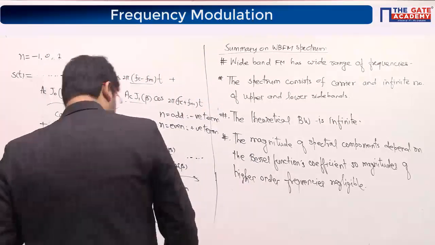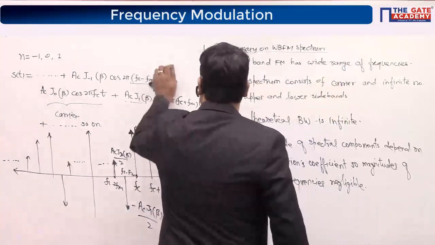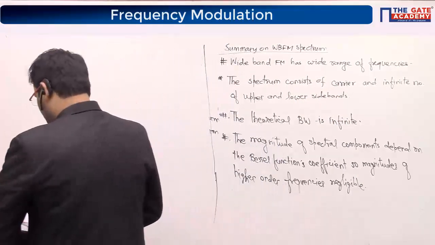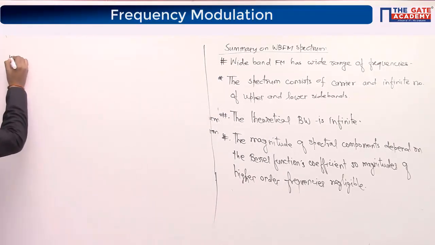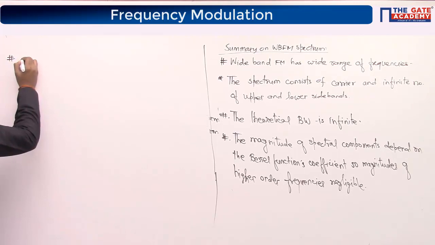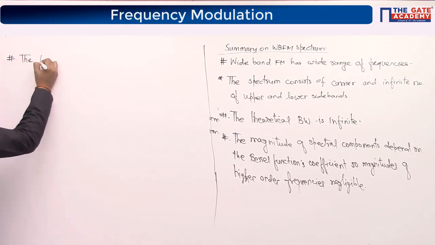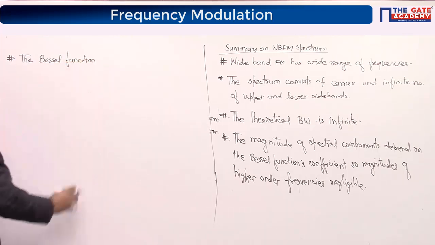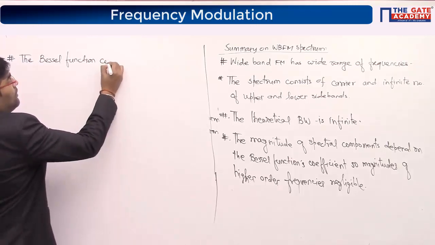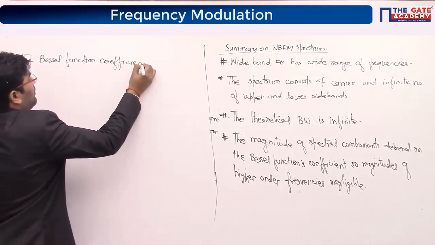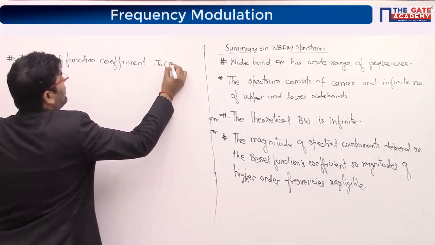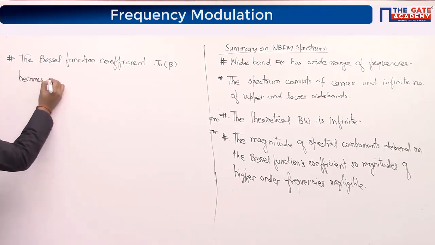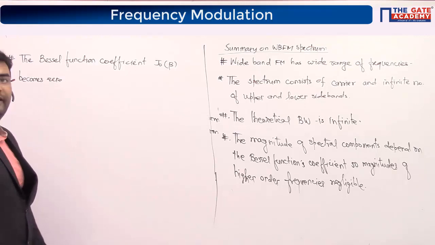Next point. The Bessel function coefficient J naught beta becomes 0. So guys, these are the values when it gets 0.